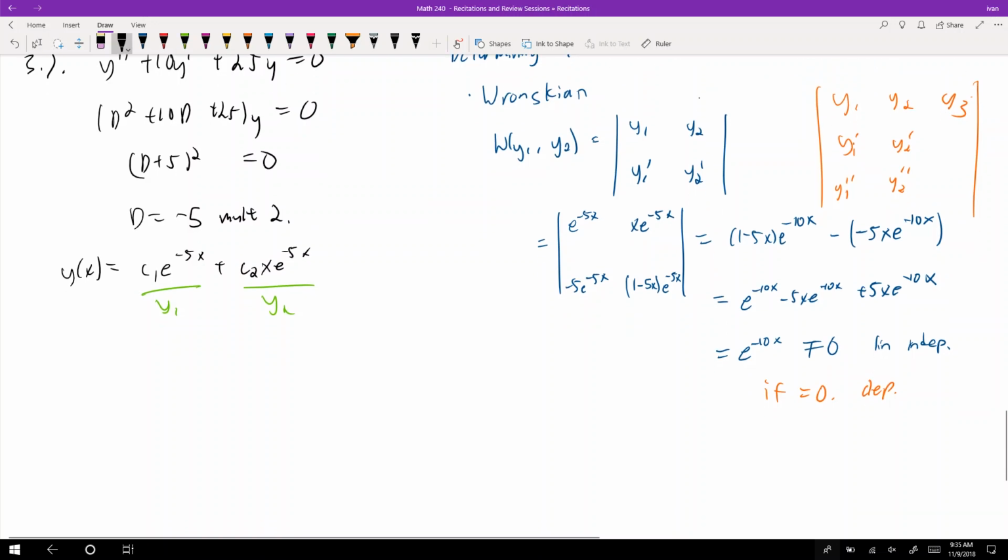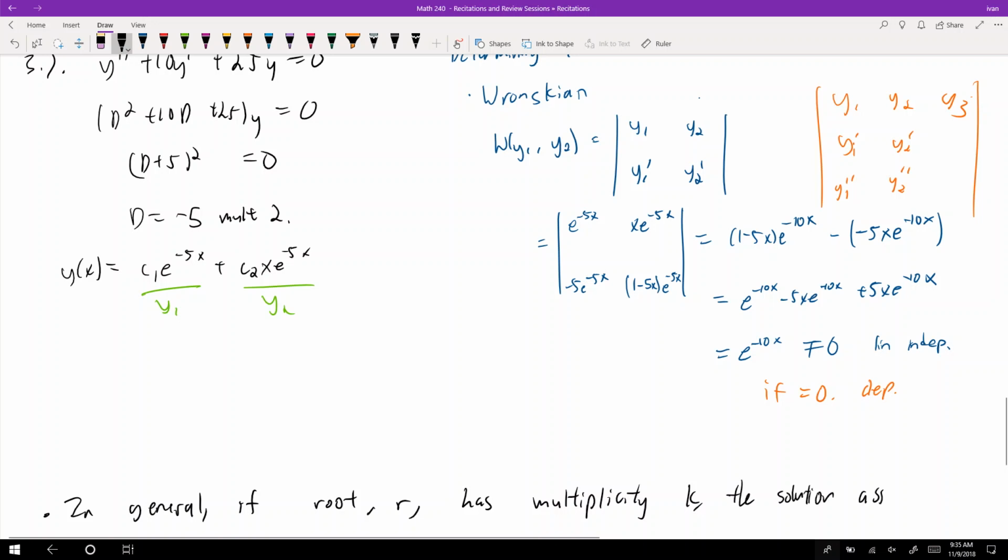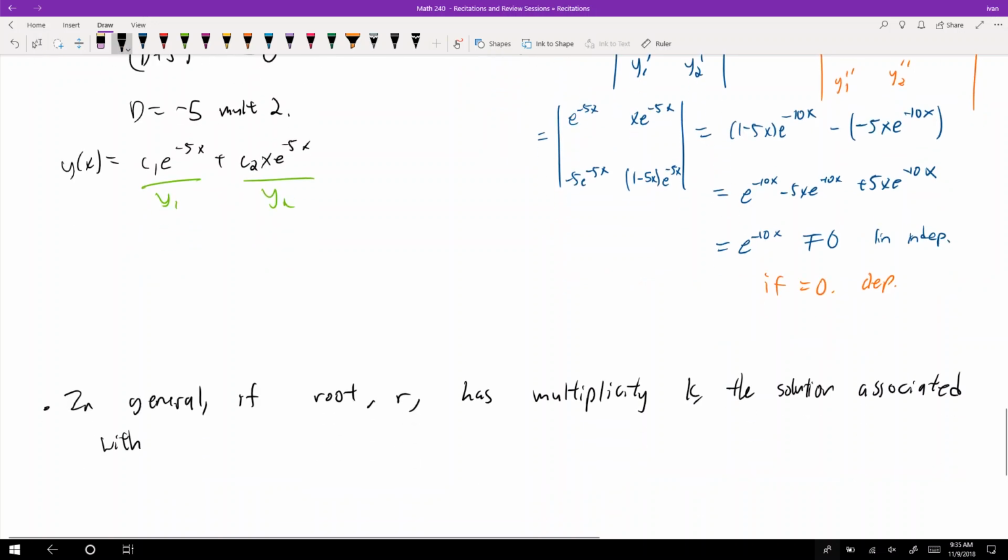And then Kento asked, what if we had more multiplicity and repeated roots? So in general, if root r has multiplicity k, the solution associated with r is the following.